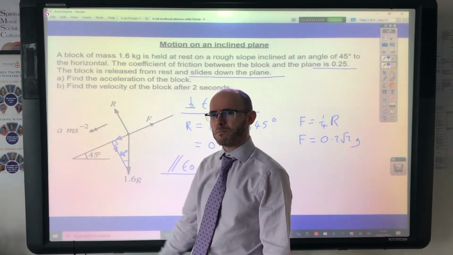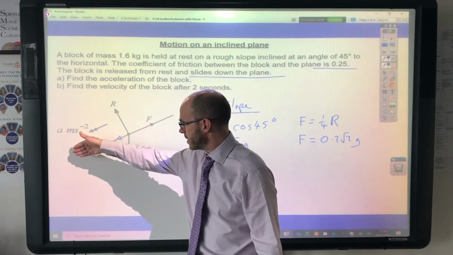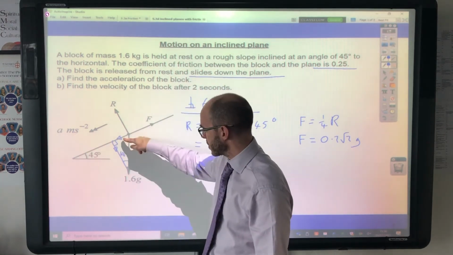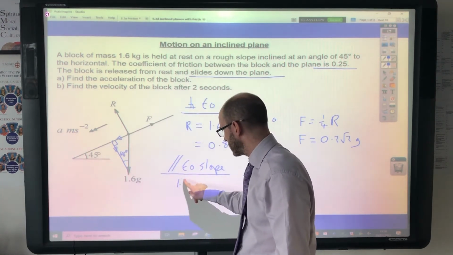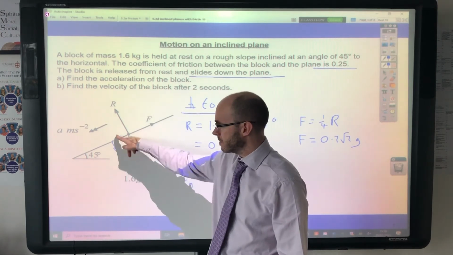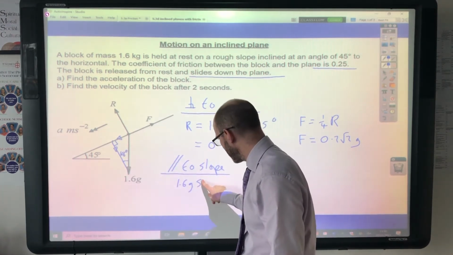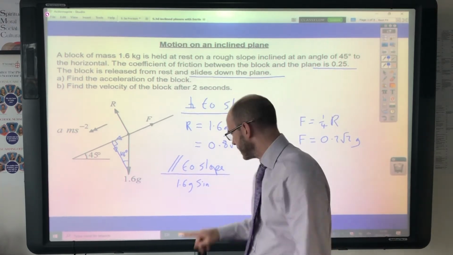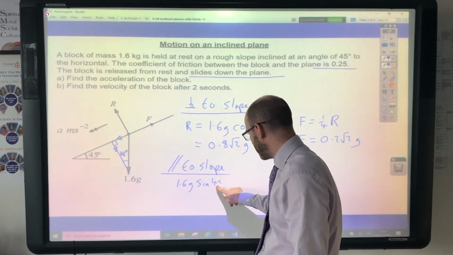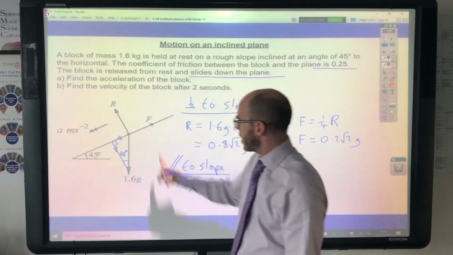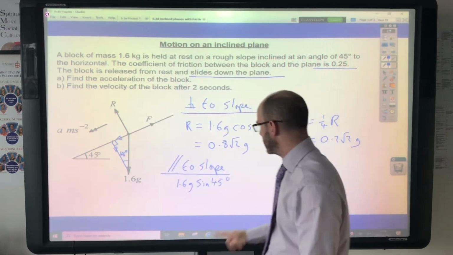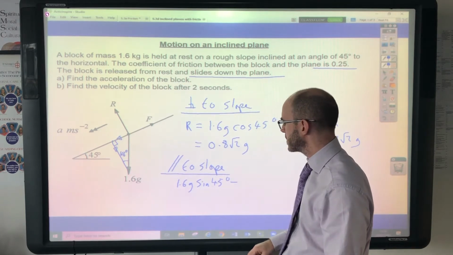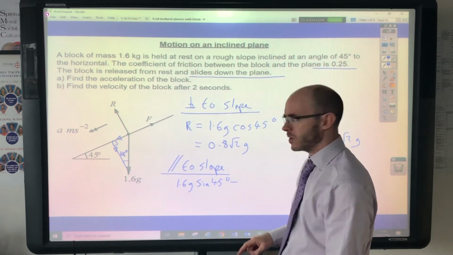So the component that's going to be downwards is the weight component. That's 1.6 G, this time sine 45 degrees. Beg pardon, sine 45 degrees, that's better. And then opposing that is the frictional force, so subtract the frictional force. Well, hang on, we know what that is.